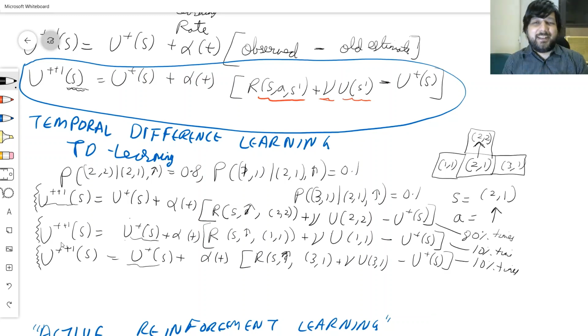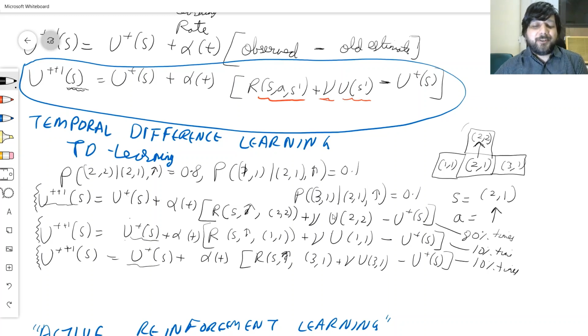That's what you learned in supervised learning. There was a huge amount of data, so you applied correction for each and every data point, each and every batch, and the result was more or less like taking the average corrections of all of them and updating your weights. Same thing over here. It's like doing 80% of the corrections because of this equation where you have 2,2, doing 10% because of this where you have 1,1, and doing 10% because of this where you have 3,1.